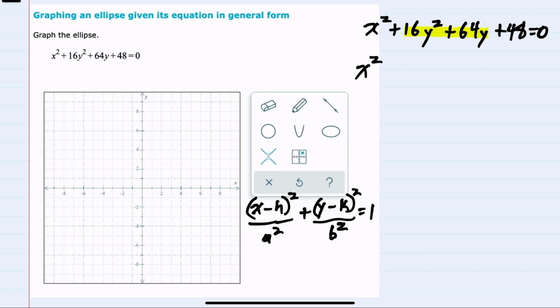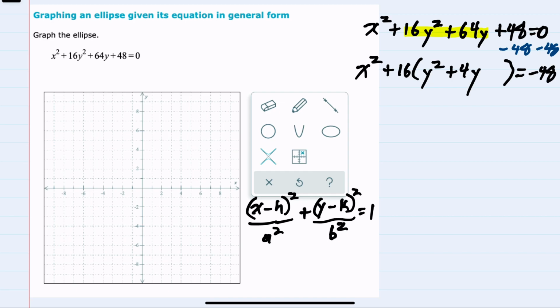And I'll start by factoring out that common 16 from both of those terms, leaving me with y squared plus 4y. I'll leave some room to complete the square. This 48, since there are no other constants on the left-hand side, I'll go ahead and subtract that over to the right, so a minus 48 on the right-hand side.